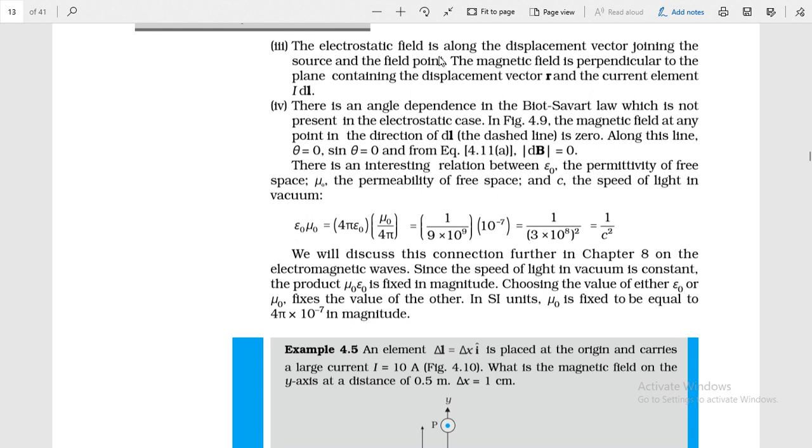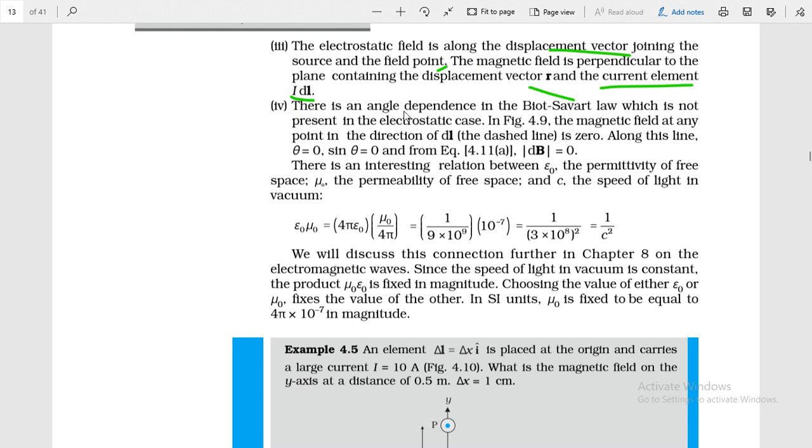The electric field is along the displacement vector joining the source and the field point, and the magnetic field is perpendicular to the plane containing the displacement vector r and the current element I dl. So you can see the electric field is along the displacement vector. This is one of the differences.